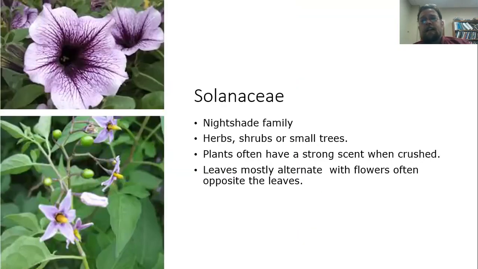Very important plant, and one that I am very attracted to, one that I'm very grateful to because I've done a fair bit of work with it, are the Solanaceae. These are the nightshade families, though I tend to think of it as the tomato family. A lot of herbs and shrubs, but some small trees tend to have a very strong scent when they're crushed. Very distinct. If you've ever crushed a tomato vine or tomato branch, you know they do have a very strong odor to them.